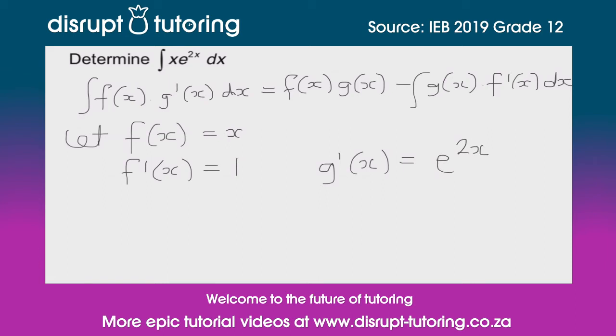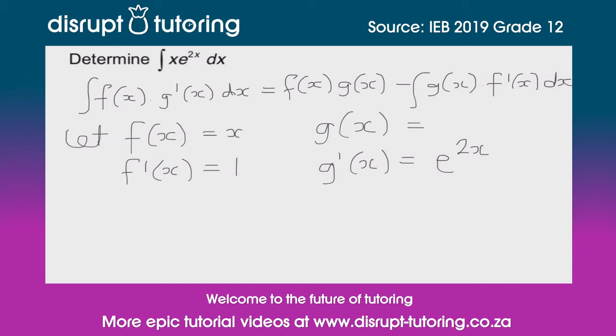So now when we're working out g of x, we are actually doing integration. Now, e to the x is one of those fantastic functions. In fact, it's the only function where the derivative of e to the x is also the integral of e to the x and is the function e to the x.